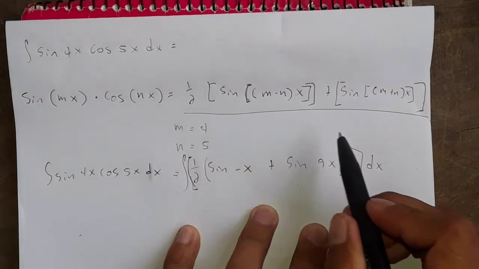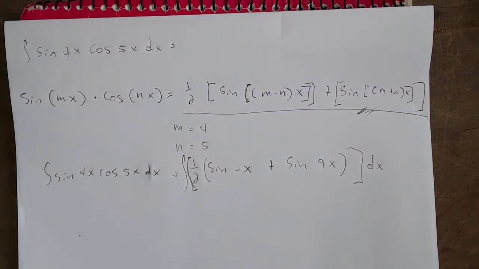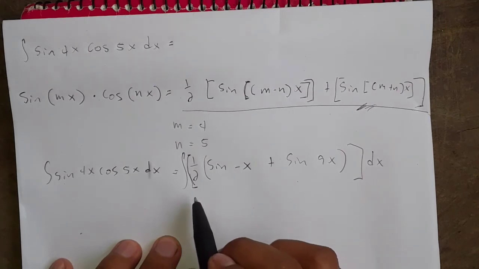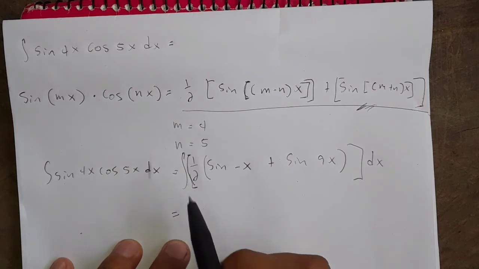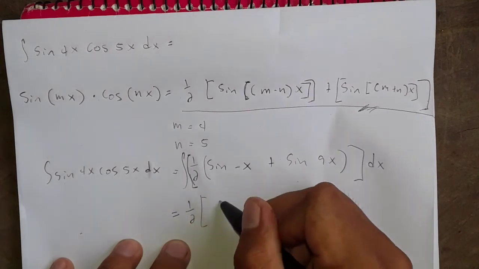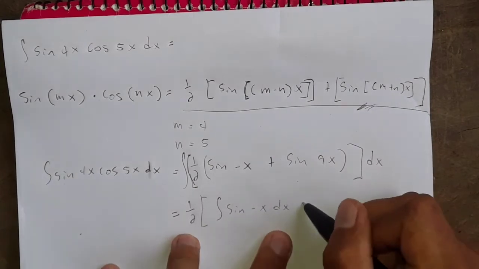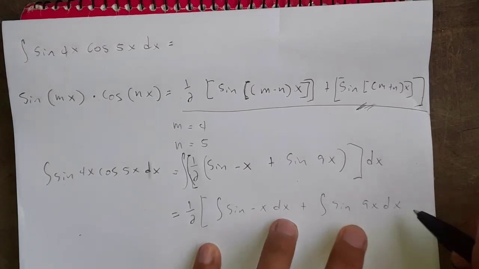What you need to do here is to familiarize yourself with these identities. By substituting these identities into the original function, we have a 1/2 outside, which is the constant, times the integral of sine of minus x dx plus the integral of sine 9x dx.